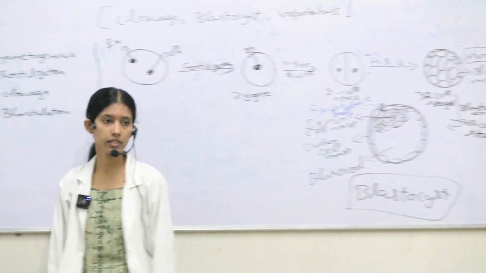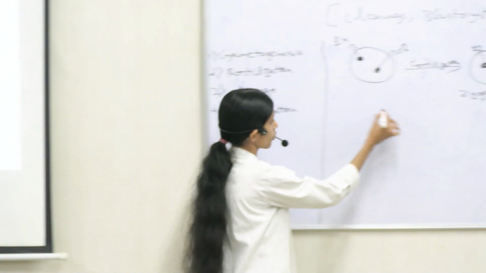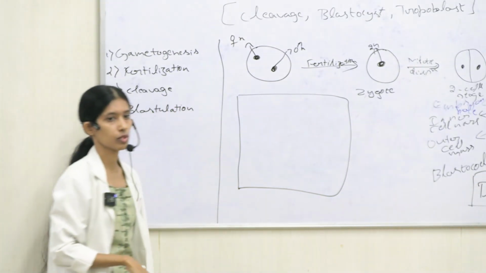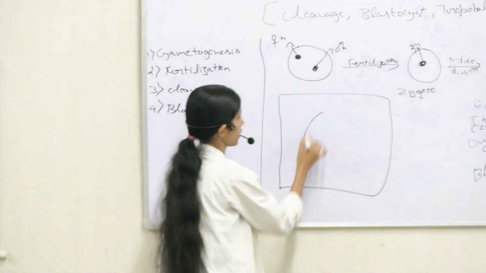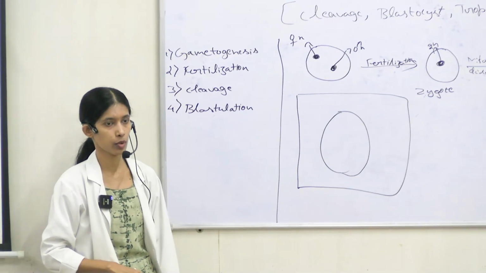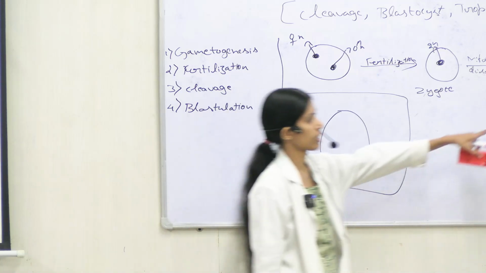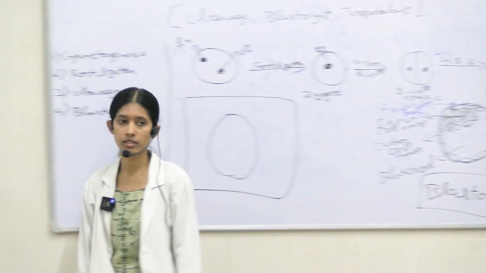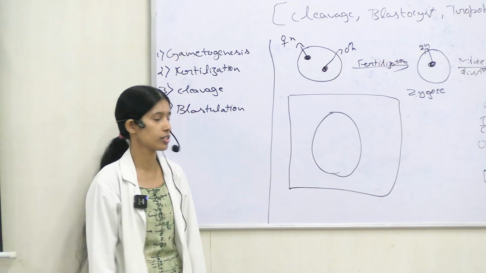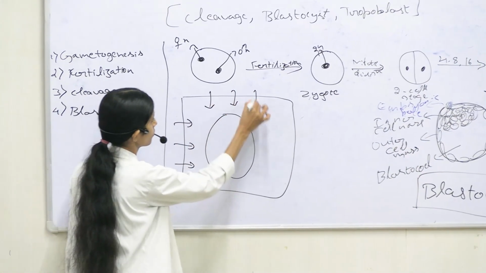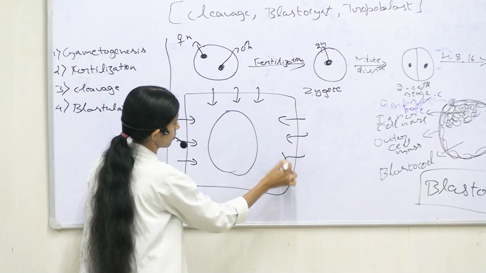Now imagine this is the uterine cavity. Now we have a cell which is in the 64 cell stage. All the cells are present exactly like this, even in the 64 cell stage. As soon as it turns into the 64 cell stage, the uterine fluid will start flowing into the cell.